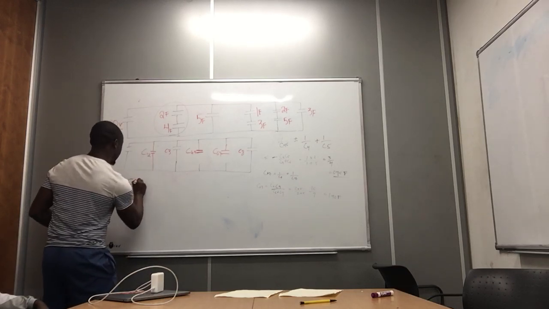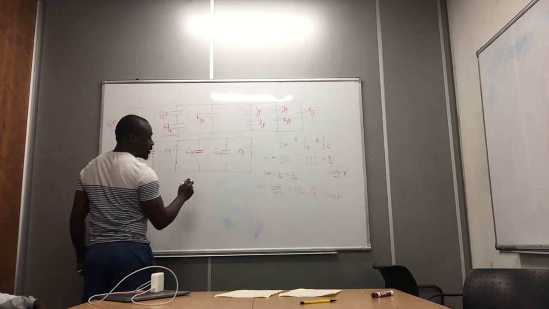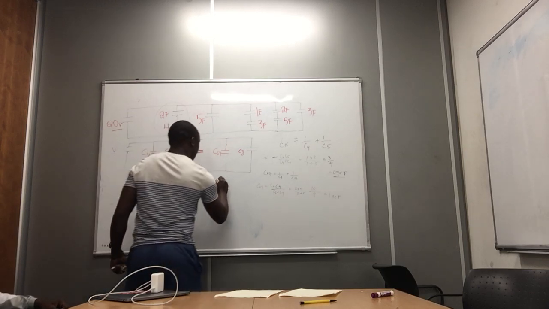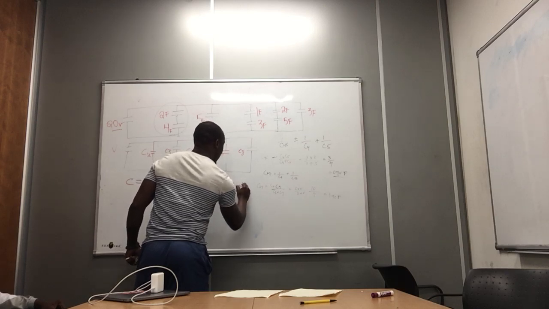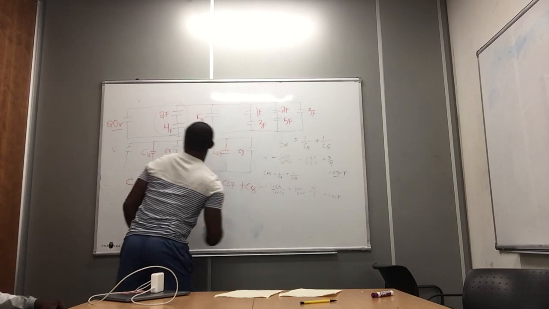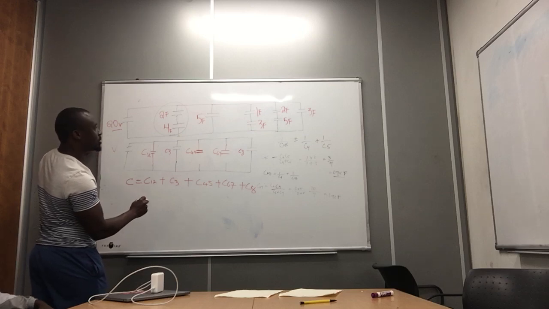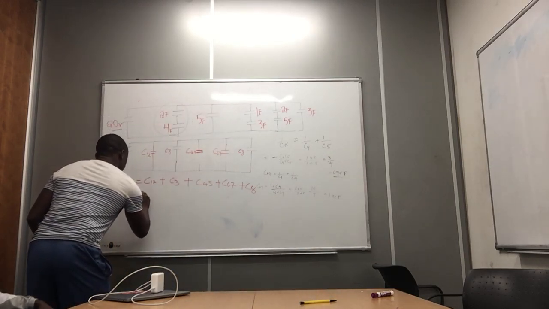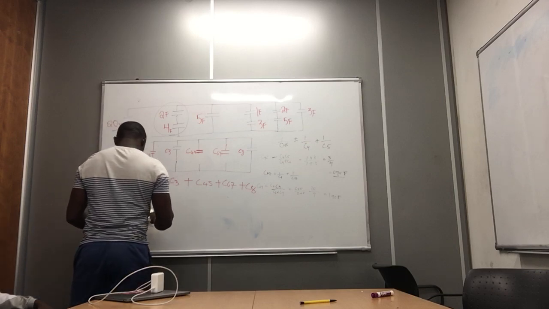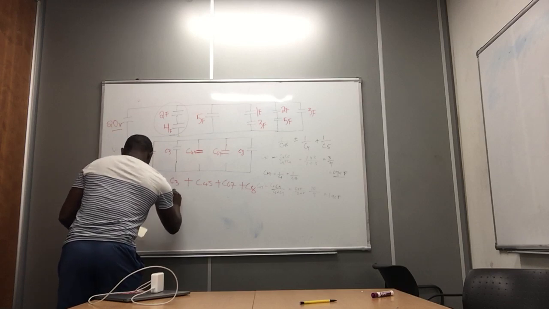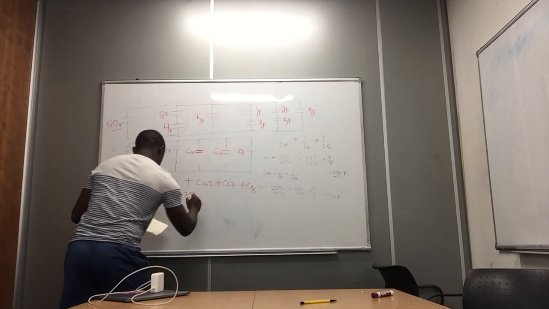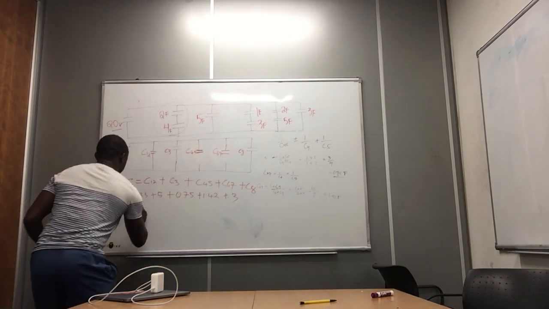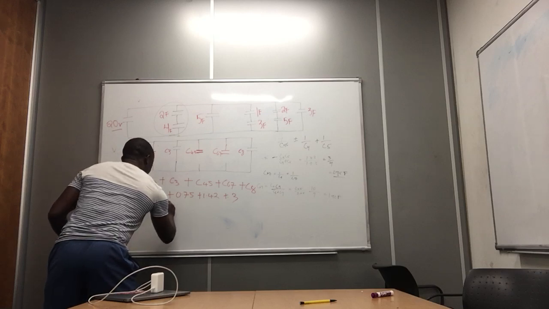The total C is going to be C12 plus C3 plus C45 plus C67 plus C8, since they're all connected in parallel. So the value for C12 is 1.33, plus 5, plus 0.75, plus 1.42, plus 2, plus 3. So the total C is going to be 11.5 farads.